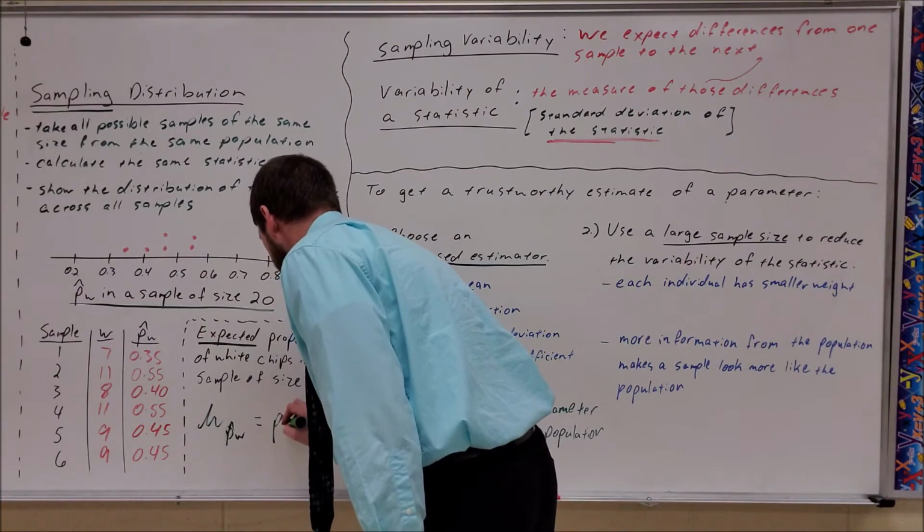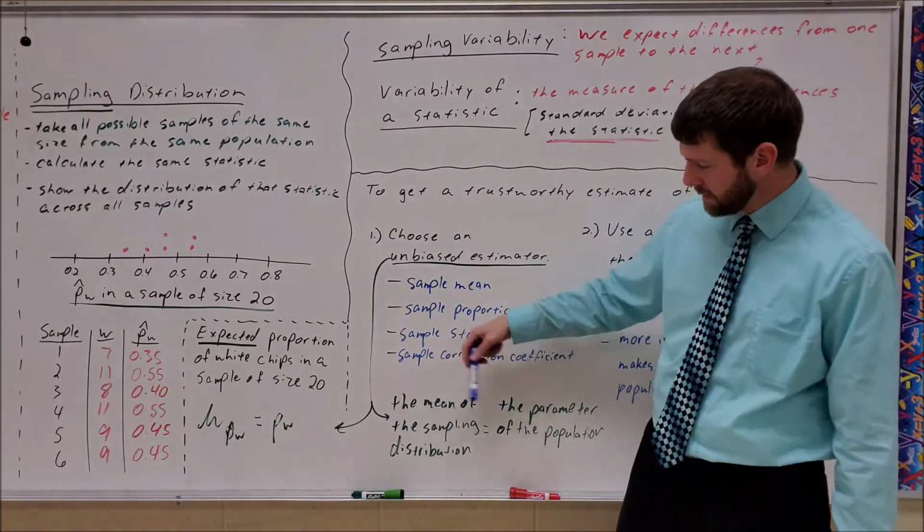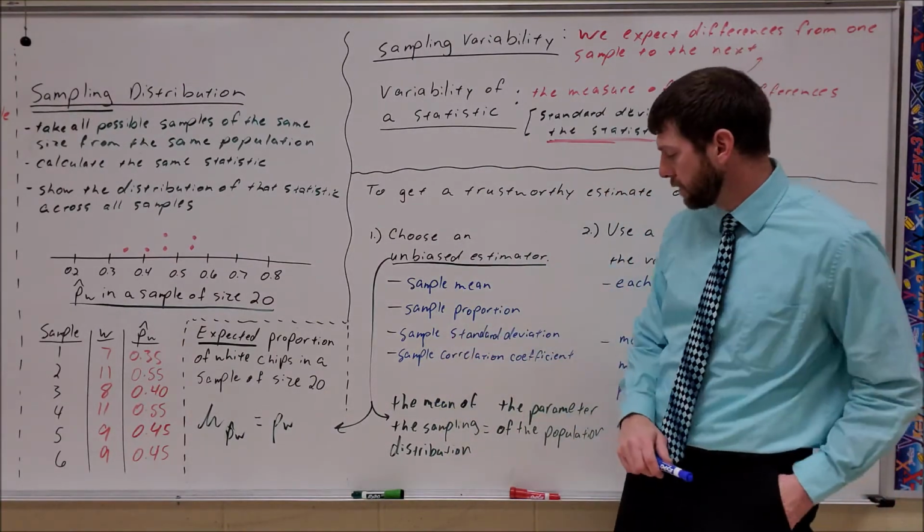Well, the parameter would be the proportion of all white chips. So that's what an unbiased estimator is.